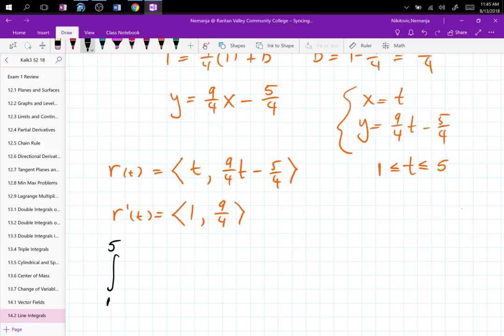Okay, what do I have? I need f times x prime plus g times y prime dt. And this is where mathematical gymnastics start. Guys, this is your x of t, and this is your y of t.